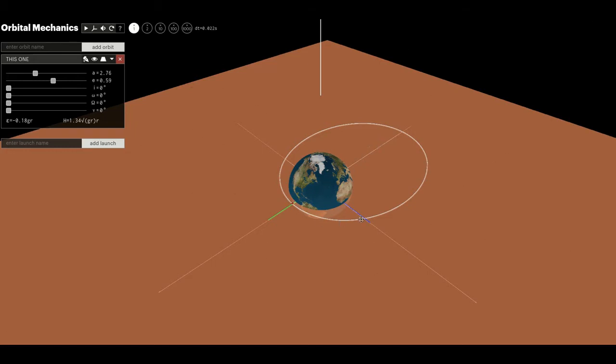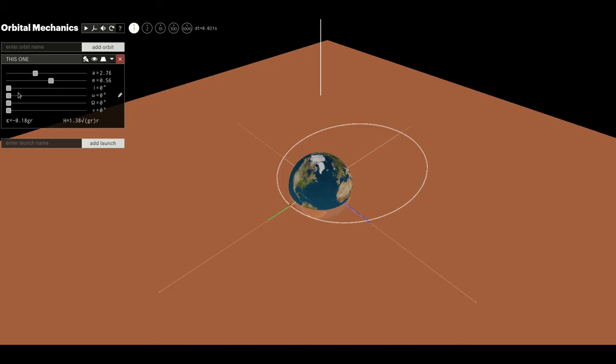This is just helping us understand whether this orbit is circular, with an eccentricity of 0, or elliptical. You can see here we have the perigee and the apogee, or the periapsis and the apoapsis. The perigee is when it's closest. It also has the highest velocity. The apogee is when it's furthest from the Earth and when it has its lowest velocity.